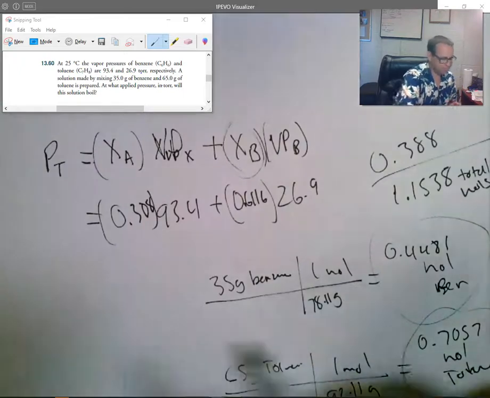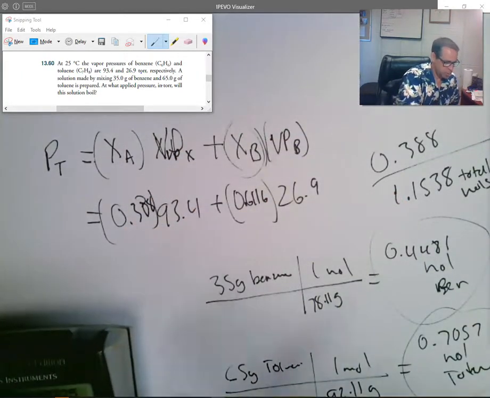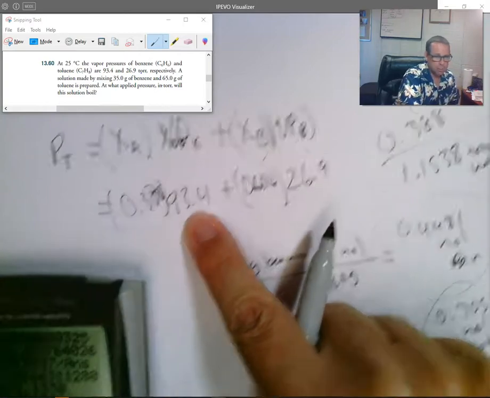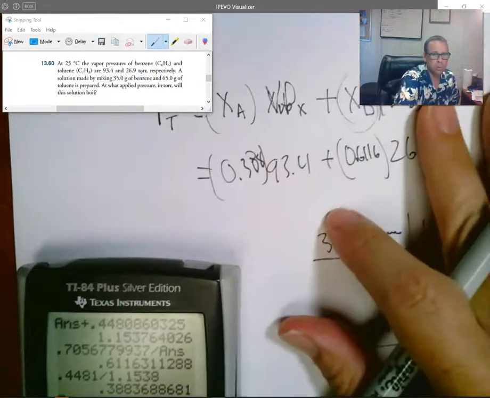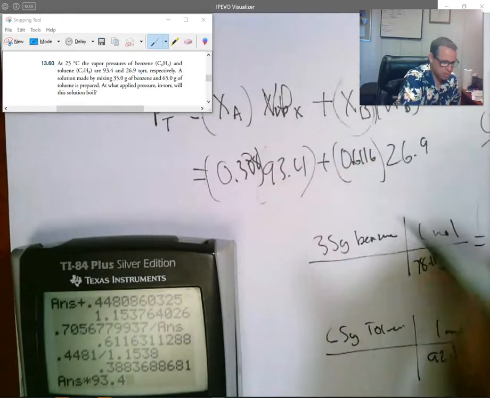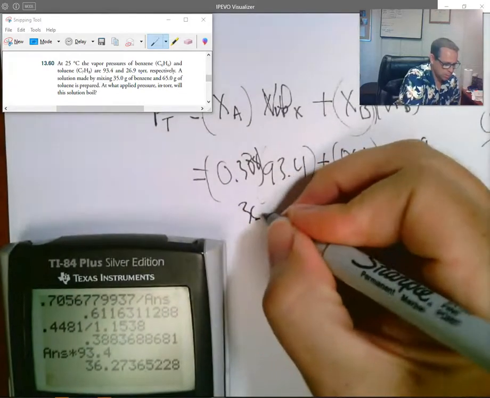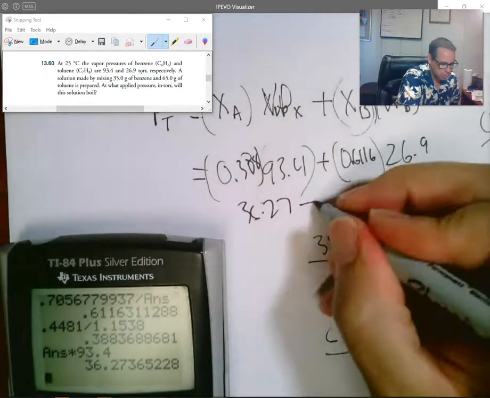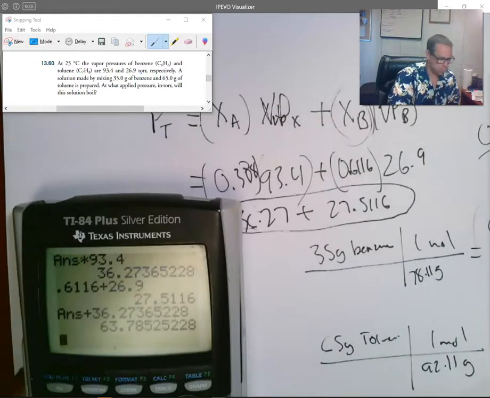Okay, so there we go. So 0.388 times the 93.4, because that is the vapor pressure of the benzene. All right, 36.27 plus 0.6116 times the 26.9.